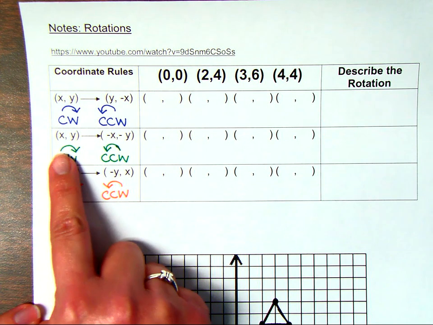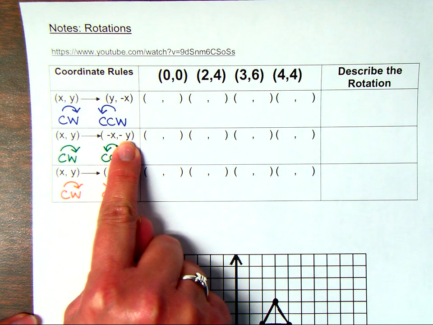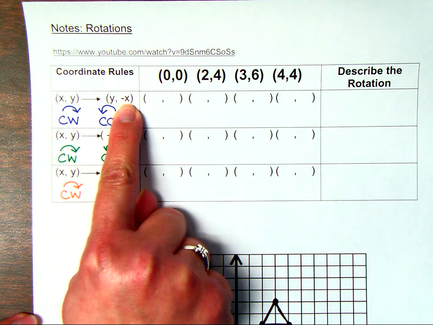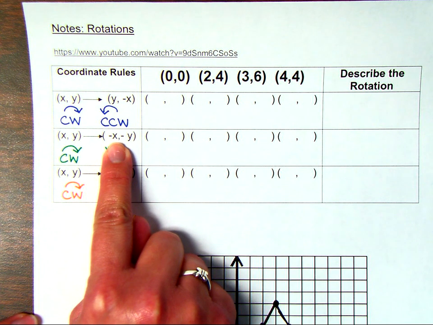Then the second rotation rule, x, y: my x and y are staying in the same position, but now they're both the opposite. So up here, only my original x changed, and now both my original x and my original y change.